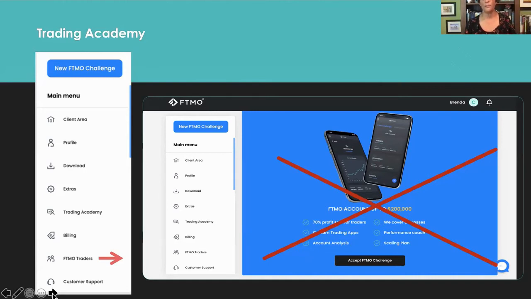Whenever you are offered to become an FTMO funded trader, you are partnering with FTMO, like an independent contractor would be how I would compare it. So you do go into a contractual agreement to maintain certain rules, to follow their trading guidelines. And if you break them, you also break the agreement, and you will receive an email from FTMO saying, you're no longer a funded trader with us.